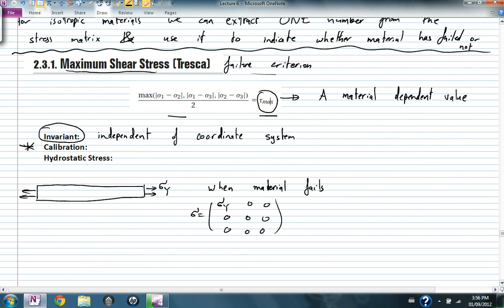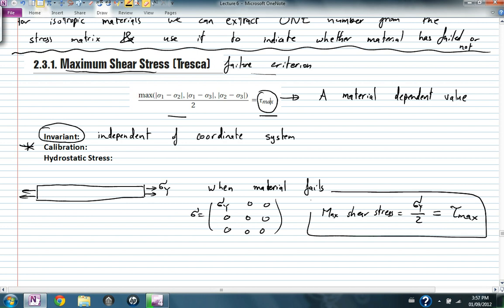So the material failed, and the maximum shear stress in this case was equal to the maximum difference, which is sigma y minus 0 divided by 2. And this is the calibration to find your tau max. So you take it to the lab to find your tau max, and for example, if it fails at sigma y equal 100 MPa, your tau max in this case is equal to 50 MPa.